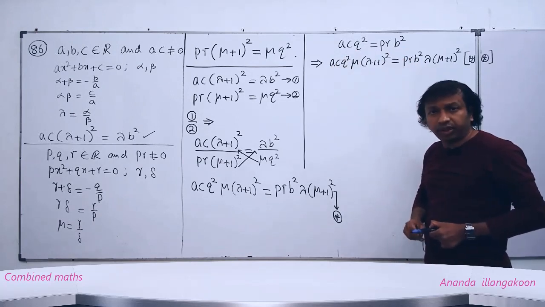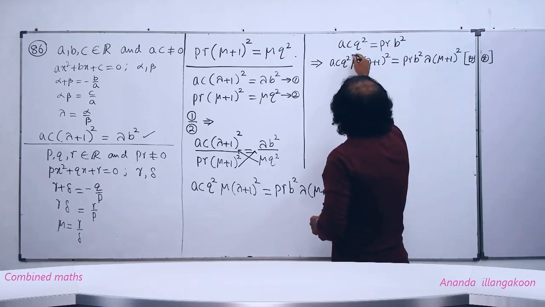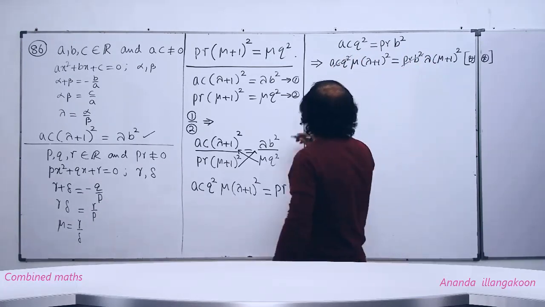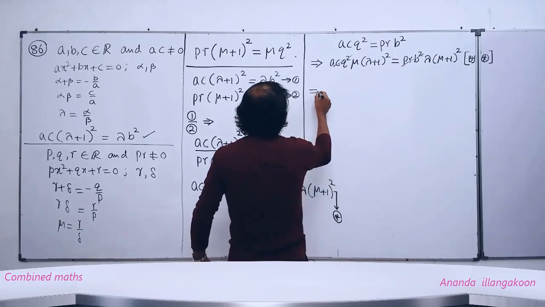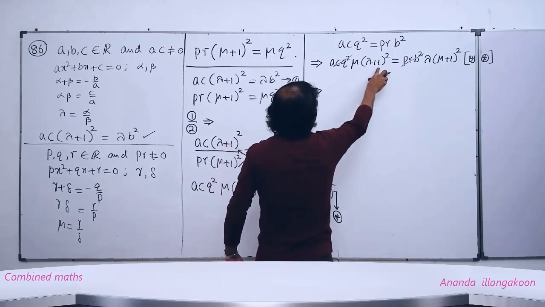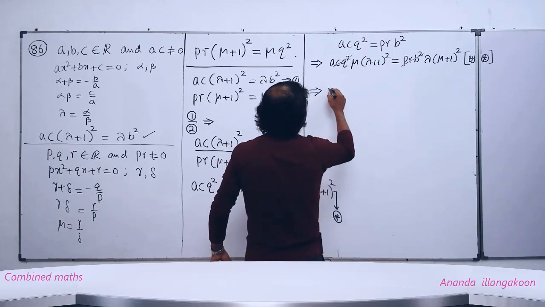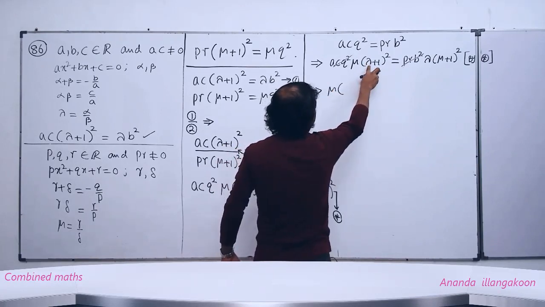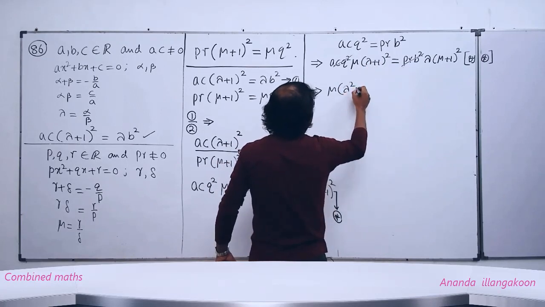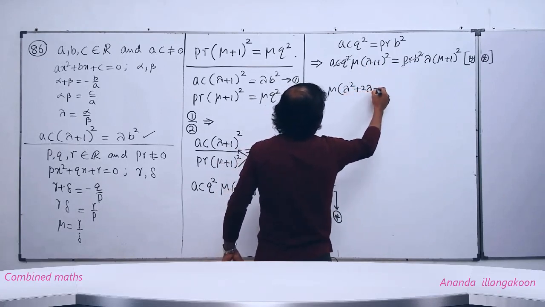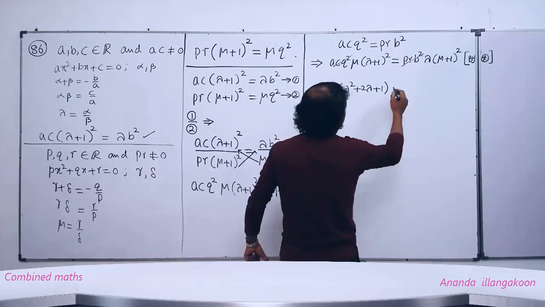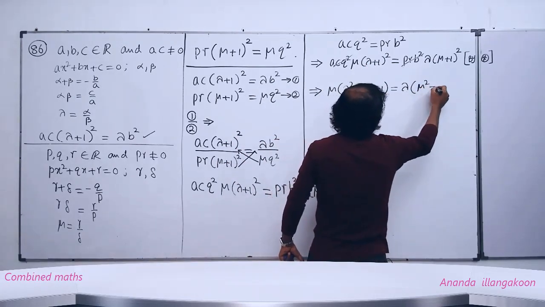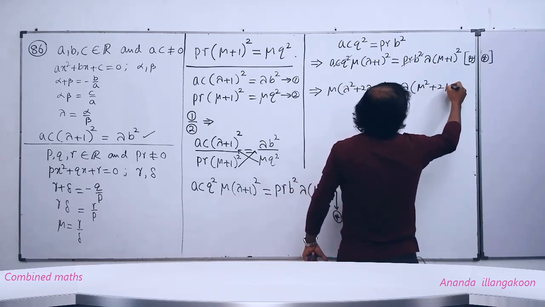Understand? Then what do we have, people? We remove the bracket. You can expand by using a plus b squared. What do you get? Lambda squared plus 2 lambda plus 1 equals lambda times mu squared plus 2 mu plus 1.